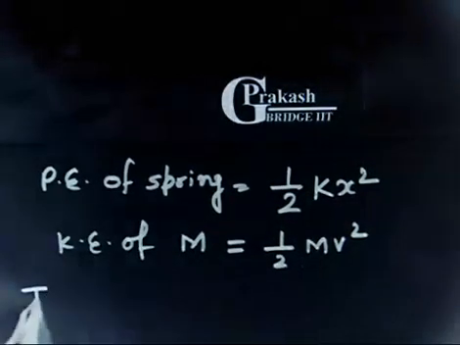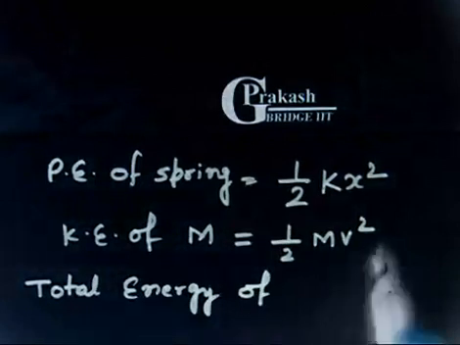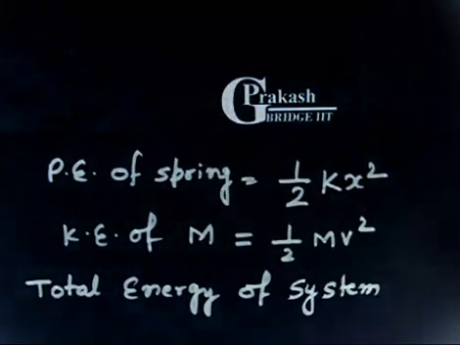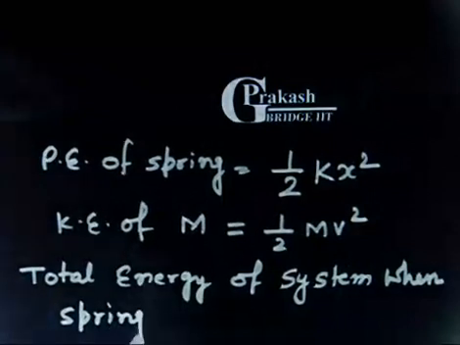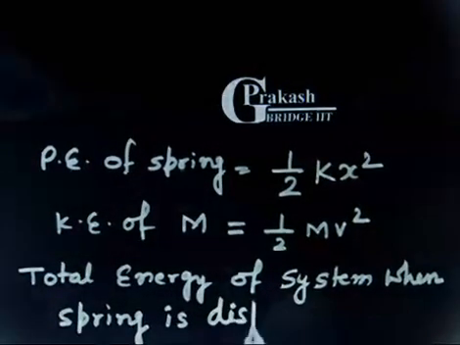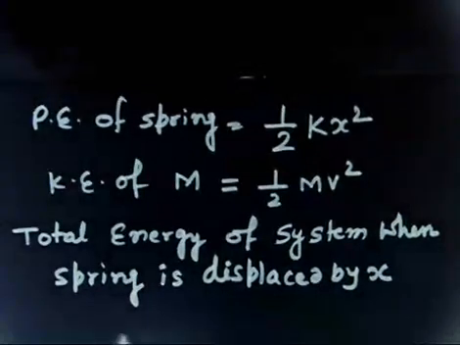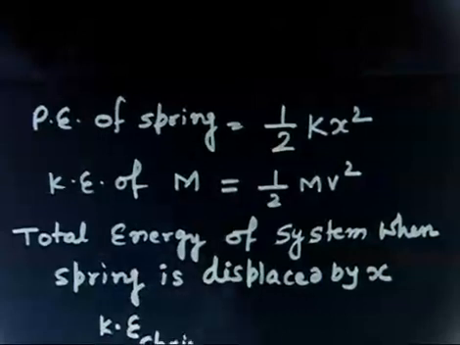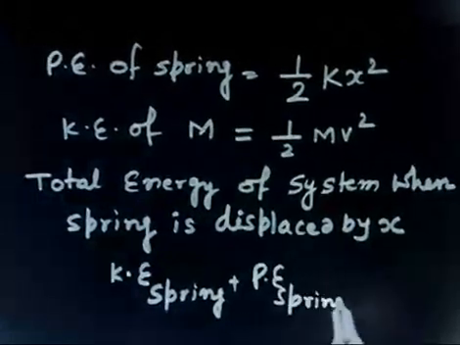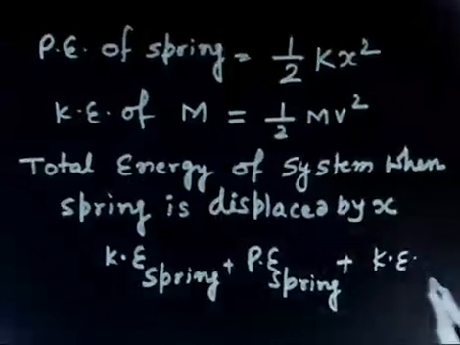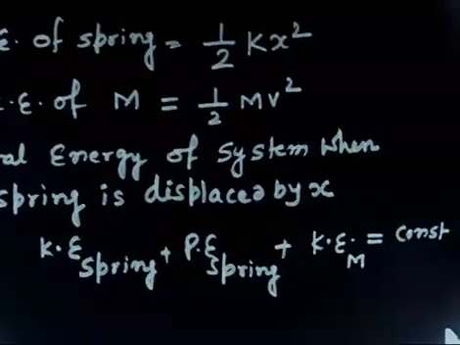Now if I write the total energy of the system when a spring has displaced by x, this is the kinetic energy of a spring, plus potential energy of a spring, plus kinetic energy of mass M, and this should be constant, because in this process there is no dissipative force acting, so energy has to be constant.